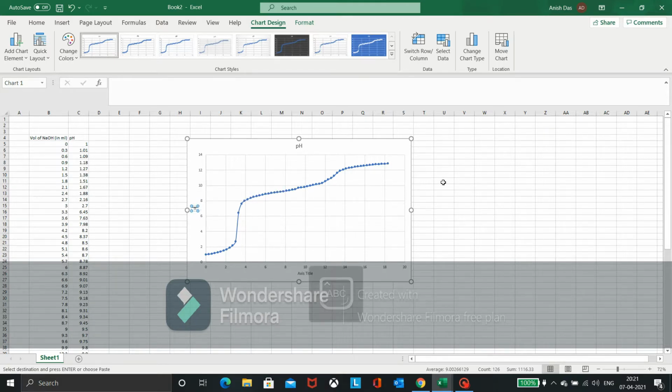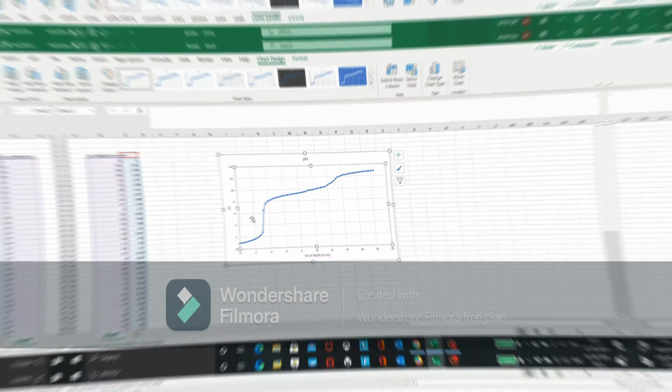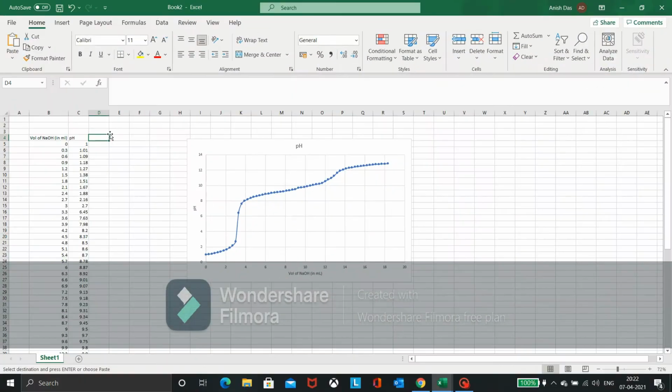Here we get to see a drastic change of pH from 2.7 to 6.45, and some minor changes, one from 9 to 9.13 and another from 12.34 to 12.43.